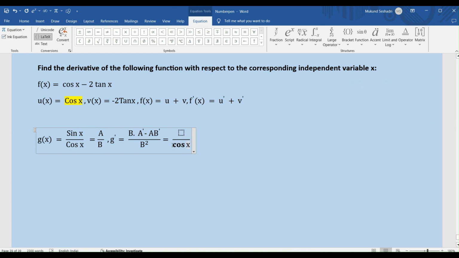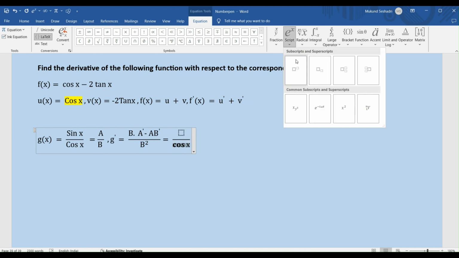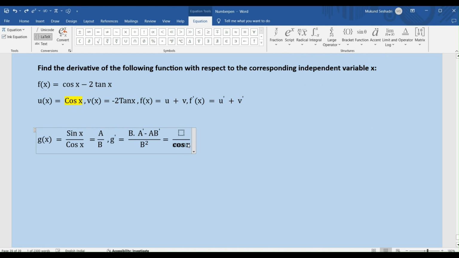So I'm going to write this as cos square x. And then what is my b? My b is cos x. And what is my a dashed? What is my a first? My a is sine x, right? So what is my a dashed? My a dashed is cos x.